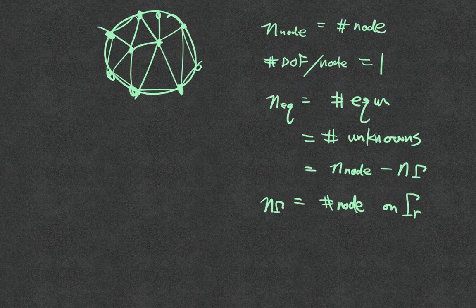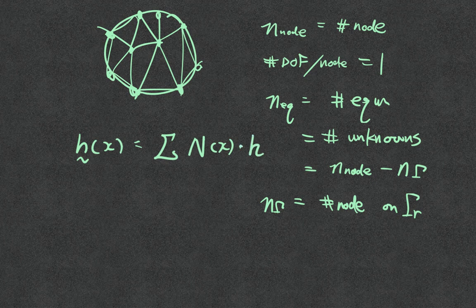So what I'm saying is that I still write h as a function of space. Now let's consider the steady state case. This function is not arbitrary. It would only equal some kind of shape functions, which are still functions of space, times the nodal value h.